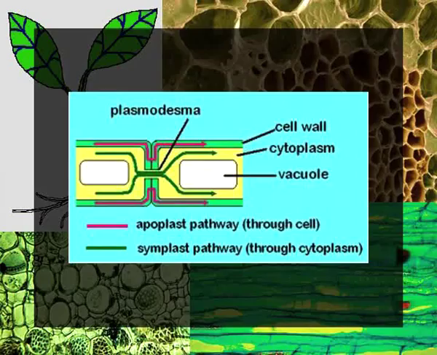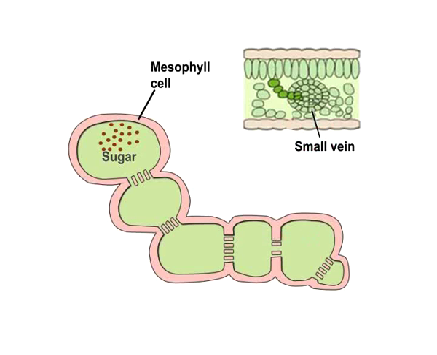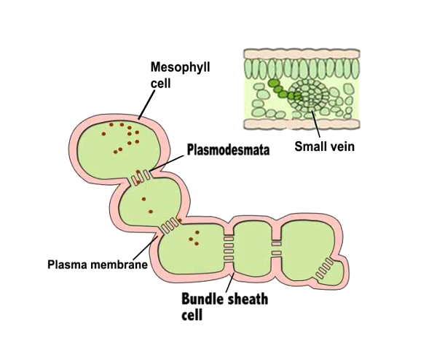Phloem loading can occur via apoplast or symplast. The initial short-distance transport is always symplastic. However, sugars enter through the symplast to the sieve elements via the plasmodesmata, or they might enter the apoplast prior to phloem loading.